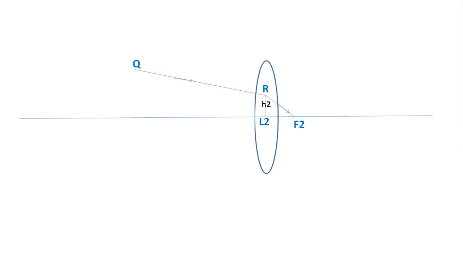What is f2 here? F2 is the principal focus of the lens L2, and the distance L2 f2 is nothing but the focal length of the lens L2.